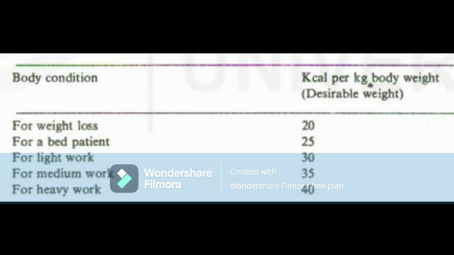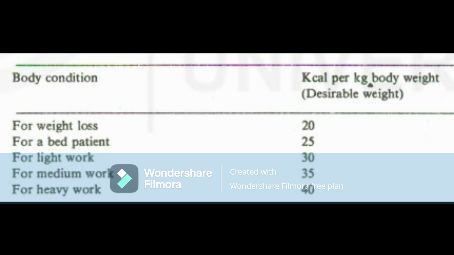Let us understand how to make use of this chart. You can refer to tables 21.1 and 21.2 for finding the desirable or ideal body weight of an adult individual. For example, if a sedentary man, one who does light work, is 156 cm tall, according to table 21.2, his ideal body weight is 51.5 kilograms.